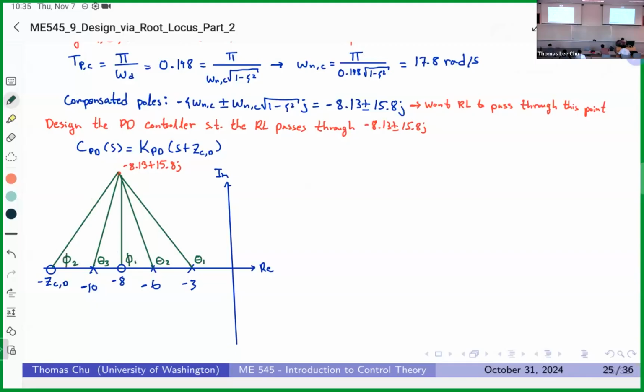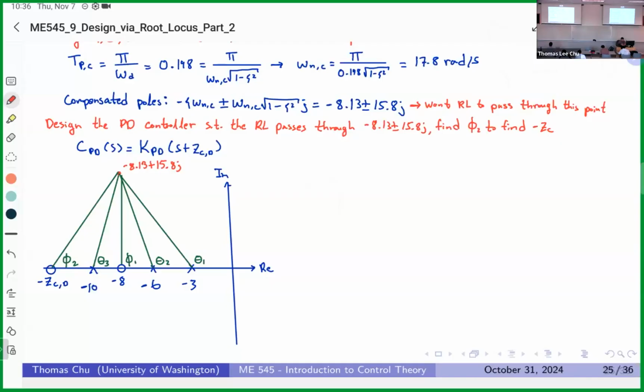What we're trying to find now is phi 2, to find the value of ZC.